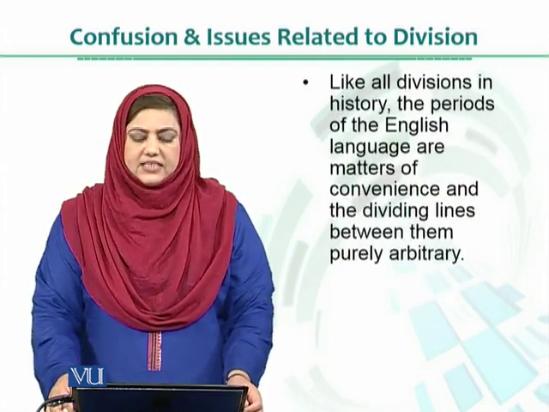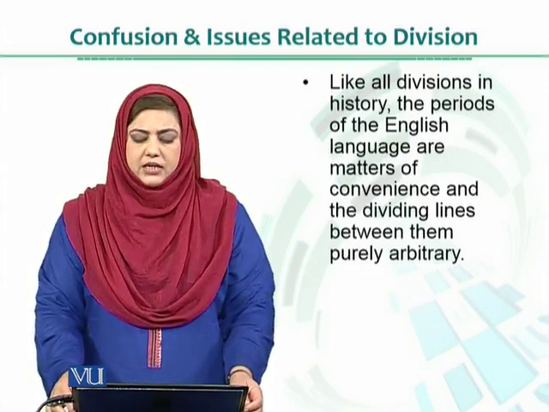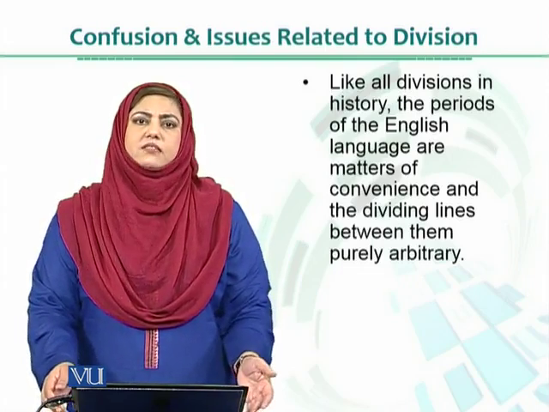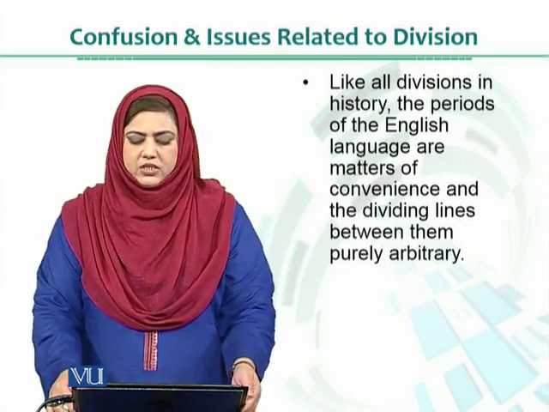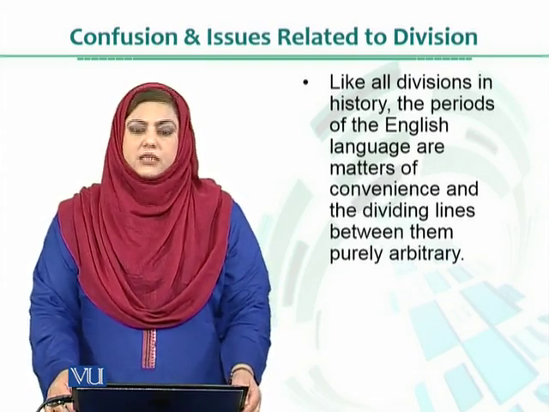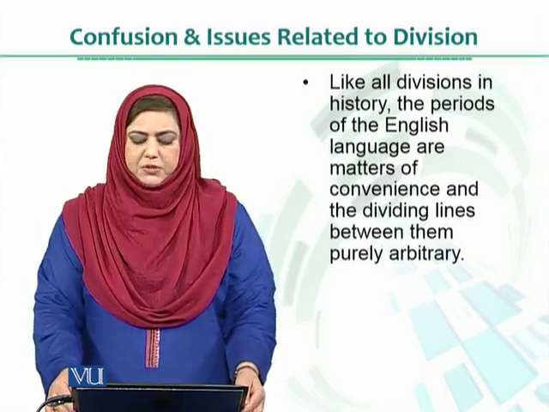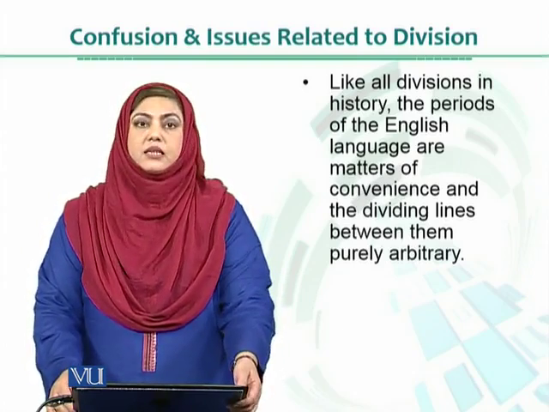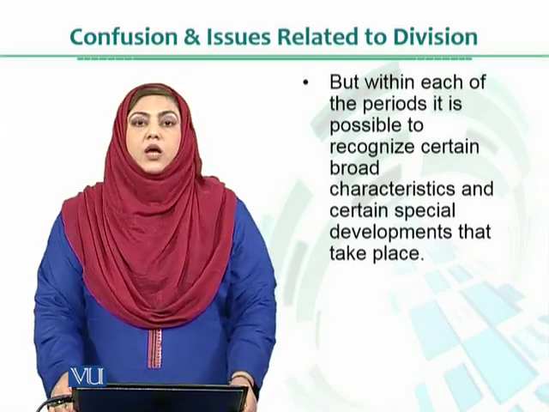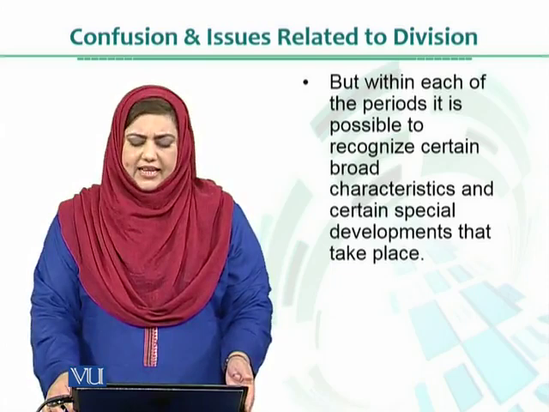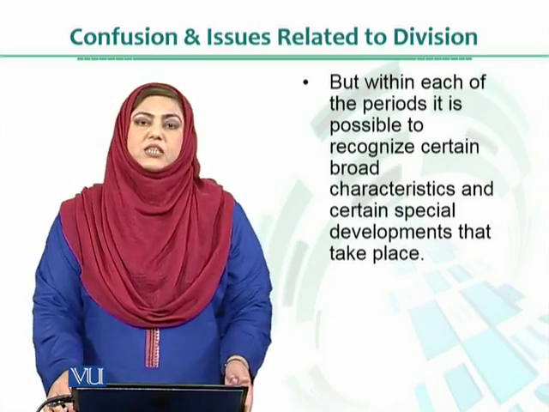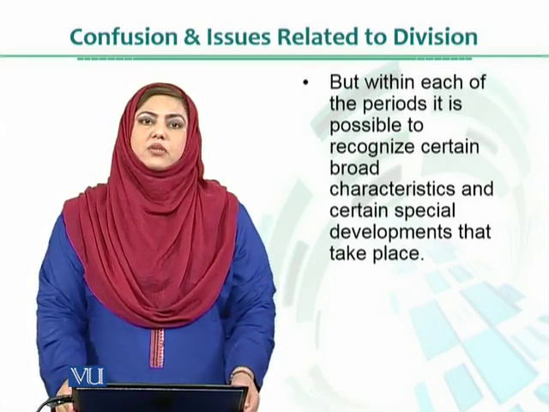However, he asserts that, like all other divisions in history, the periods of the English language are matters of convenience, and the dividing lines between them are purely arbitrary. Within each of these periods, it is possible to recognize certain broad characteristics and certain special developments that took place during that time.